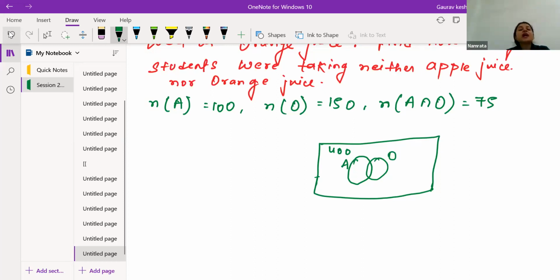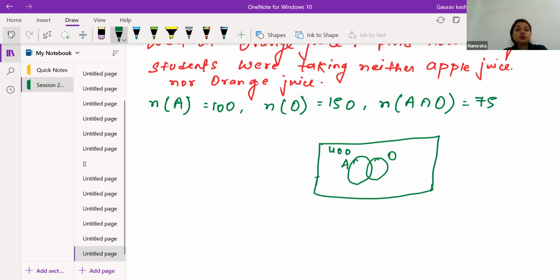Okay, so let's find how many students are having juice, any juice. It can be apple juice, it can be orange juice. How many students are drinking juice, choosing the juices? That means let's find the union first. Are you getting? Yes.